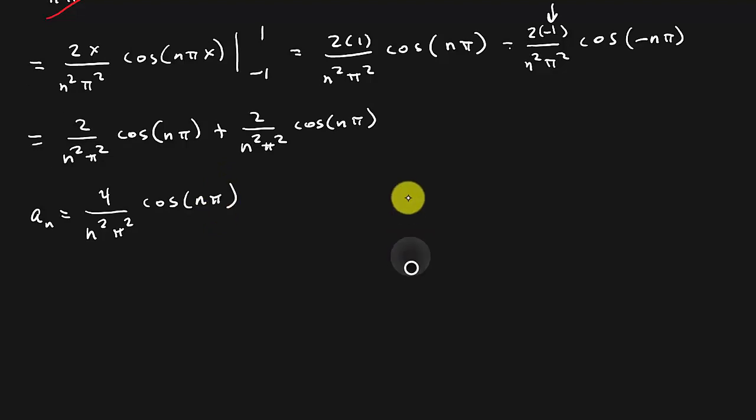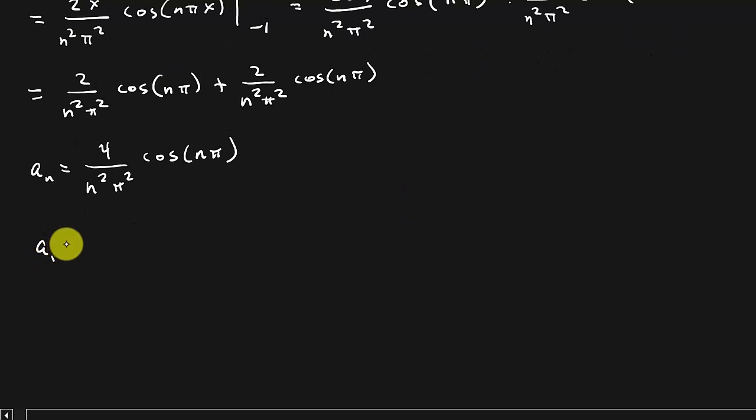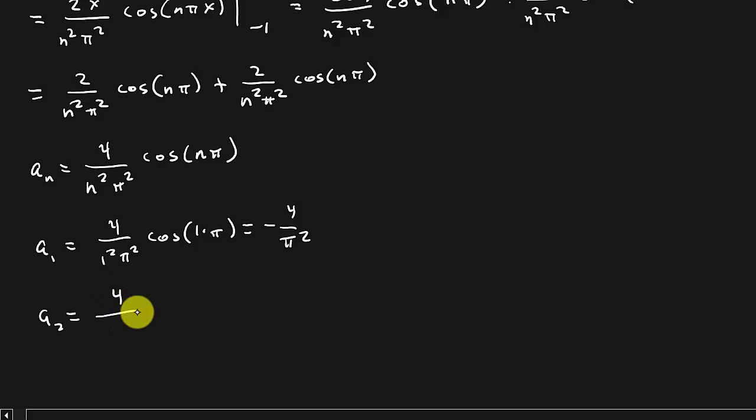Now, we can find A1, A2, and A3. So A1 is 4 over 1 squared pi squared times cosine of, plugging the 1 in for n, 1 times pi. And A1 is going to be negative 4 over pi squared. A2 is going to be 4 over 2 squared pi squared times cosine of 2 pi.